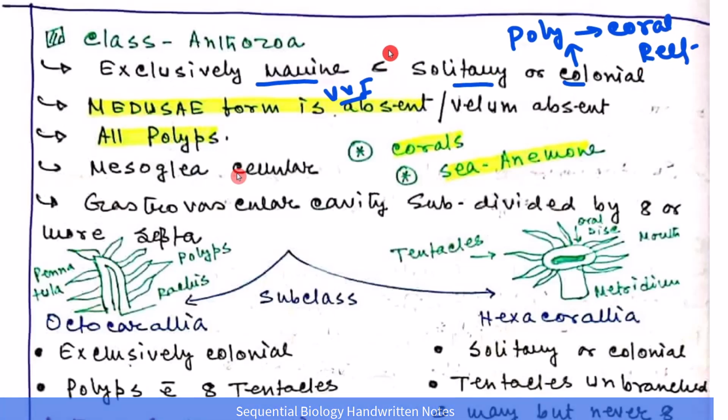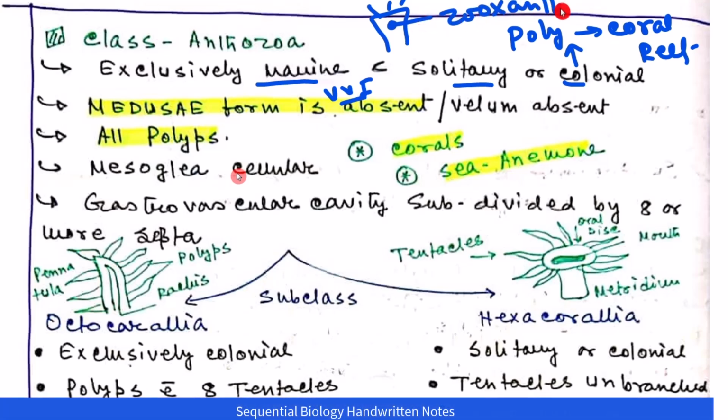Actually, this is a colonial polyp, and inside the tissue of this polyp, the zooxanthellae are present. Zooxanthellae are a type of algae, and this algae photosynthesize and give carbohydrate and the colors of coral, and they produce many chemicals.